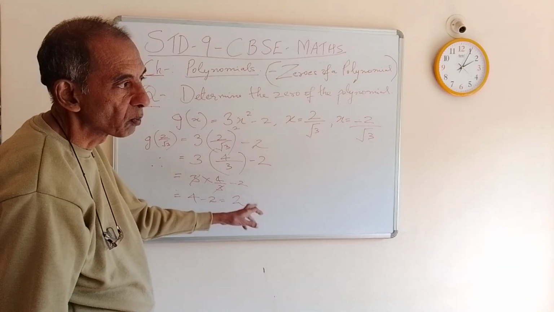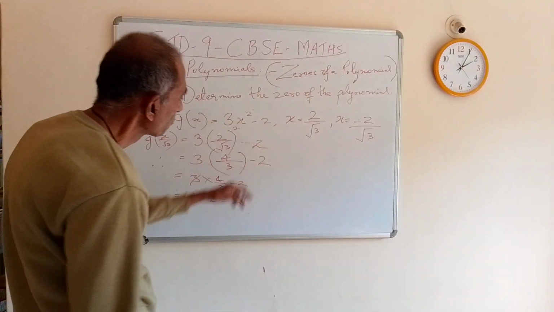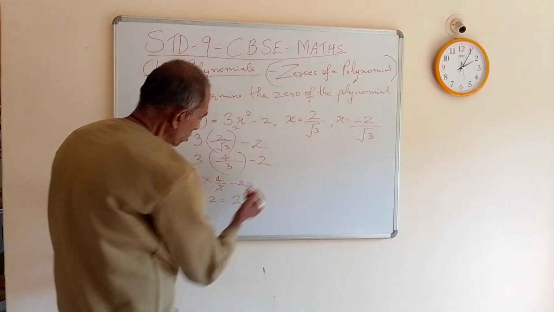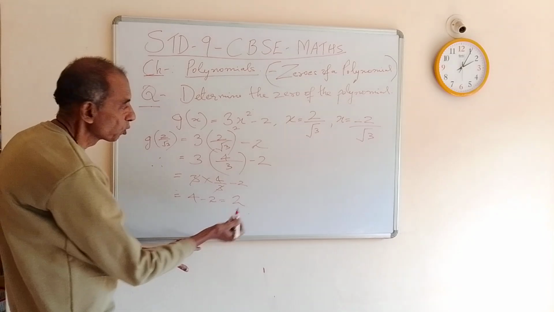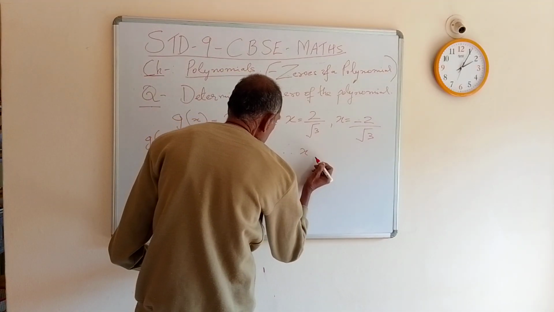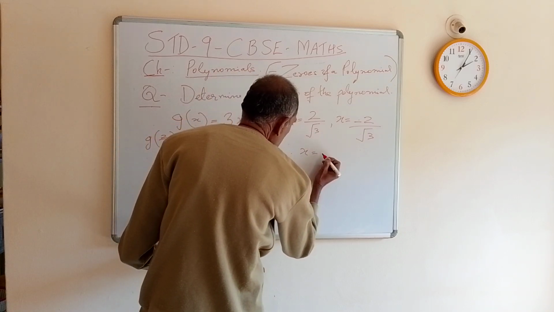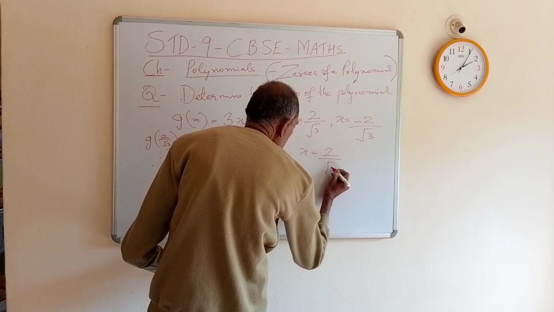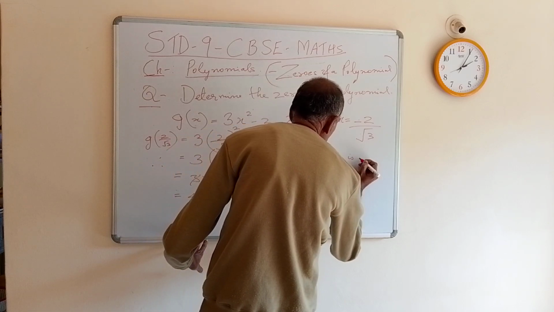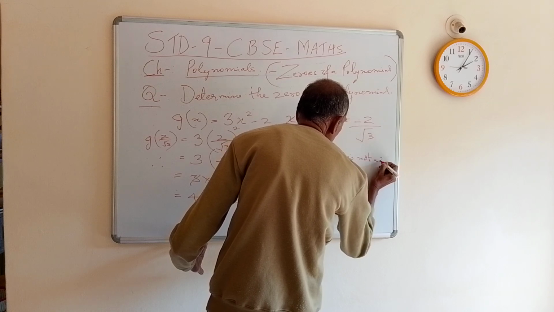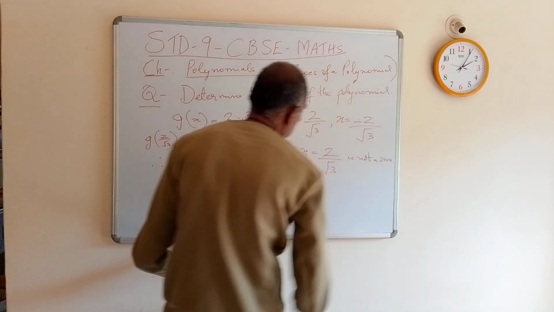So it means that x with this value is not a zero of the polynomial. Therefore, x equal to 2 upon root 3 is not a zero. Got it?